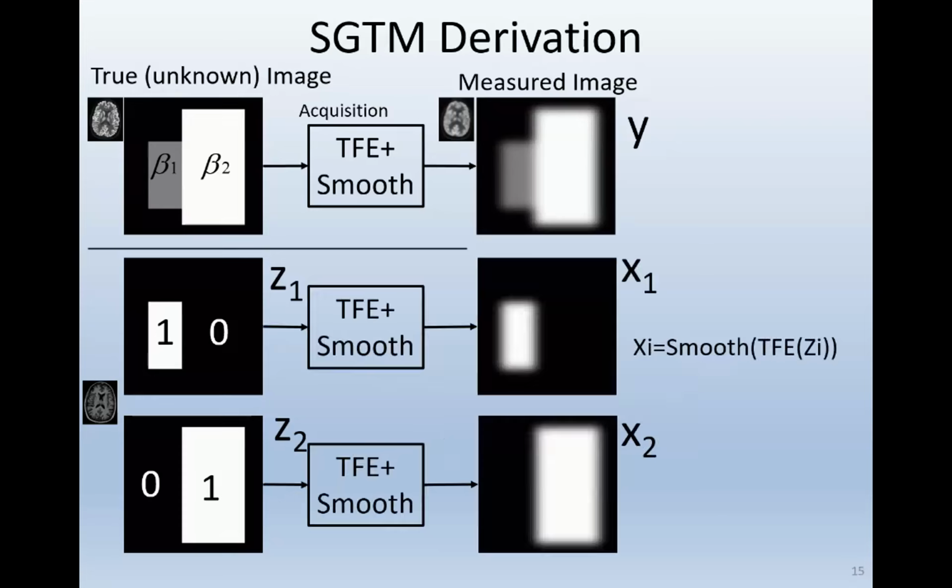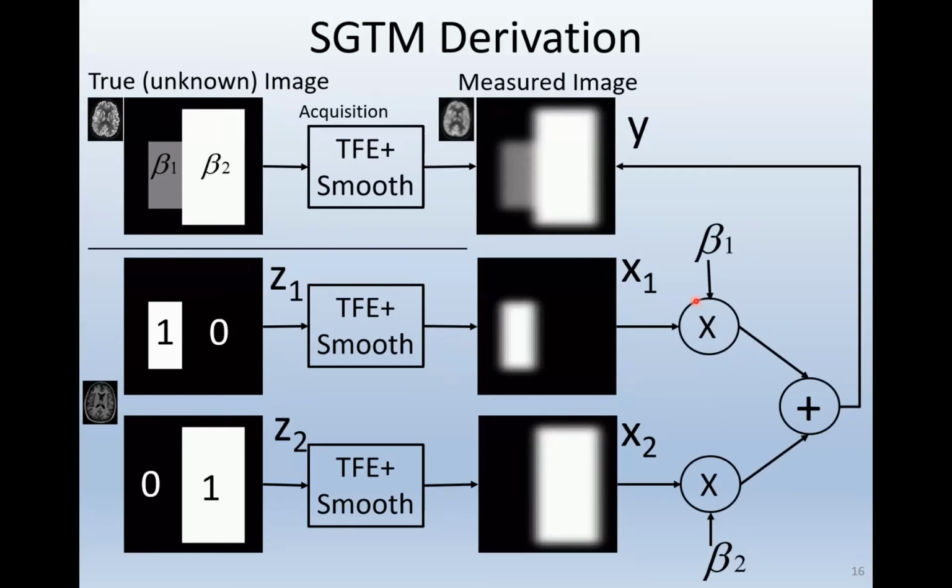The next thing to do is to apply your same acquisition model to it. So the tissue fraction effects and smoothing to give you these blurry binary segmentations. So these are going to be values between 0 and 1 that indicate how much of an effect is there, taking into account the tissue fraction as well as any spatial smoothing.